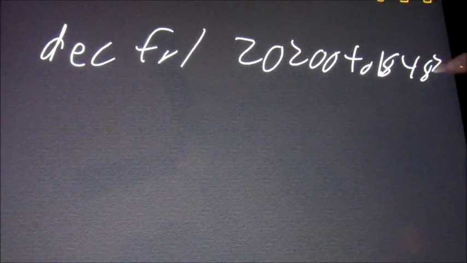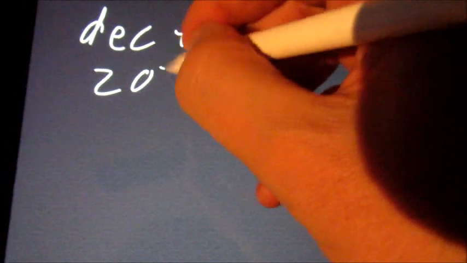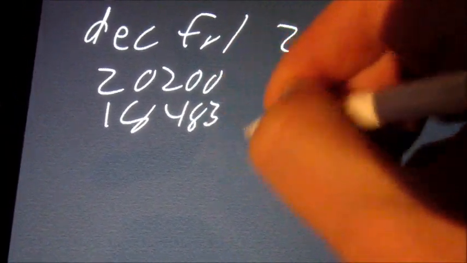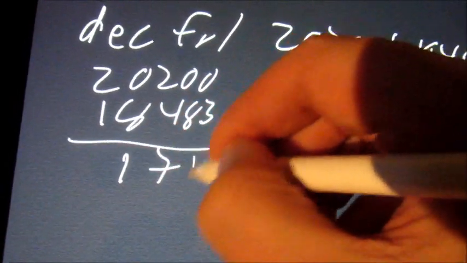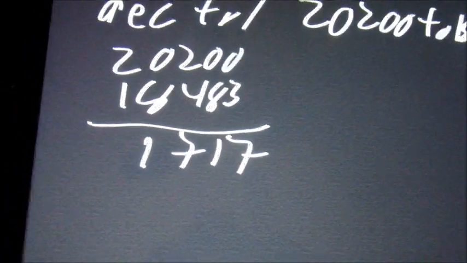So now let's do one that's a decrease. We're going to decrease from 20200 to 18483. So the first thing we're going to do is subtract 20200 minus 18483, and we're going to get 1717.